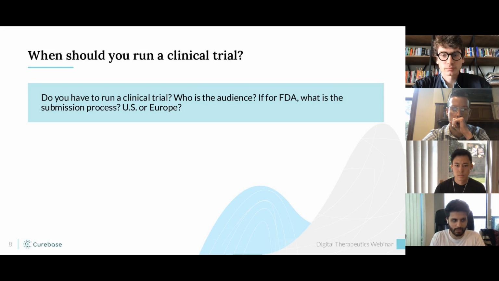Now, doing an RCT purely as a marketing stunt can be quite costly, of course, but there's definitely a cost-benefit analysis of if it can really help you stand out against the crowd and really validate your results, and then go to payers as well, who might not be as innovative and not require trial results in order to actually be successful in commercializing it, then it does make a ton of sense.